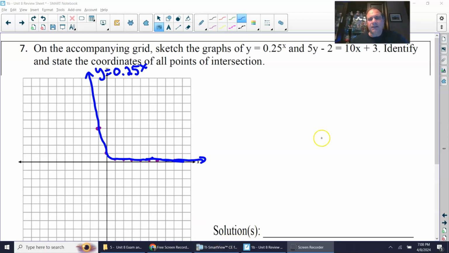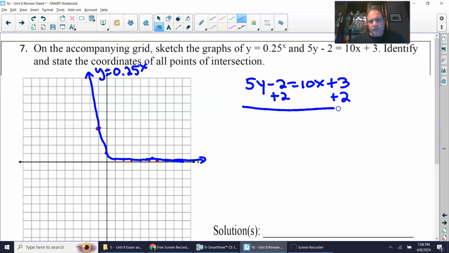All right, and so I'm just going to put this down here because I have to solve for y. You have to solve for y to be able to graph it. So we're just going to add the 2 on both sides. We're going to cancel that out, and this is 5y equals 10x plus 5. Then you divide by 5 on both sides.